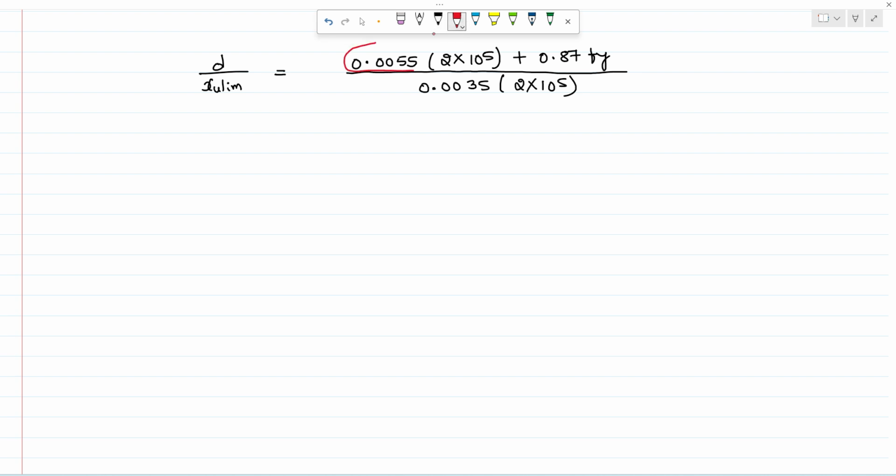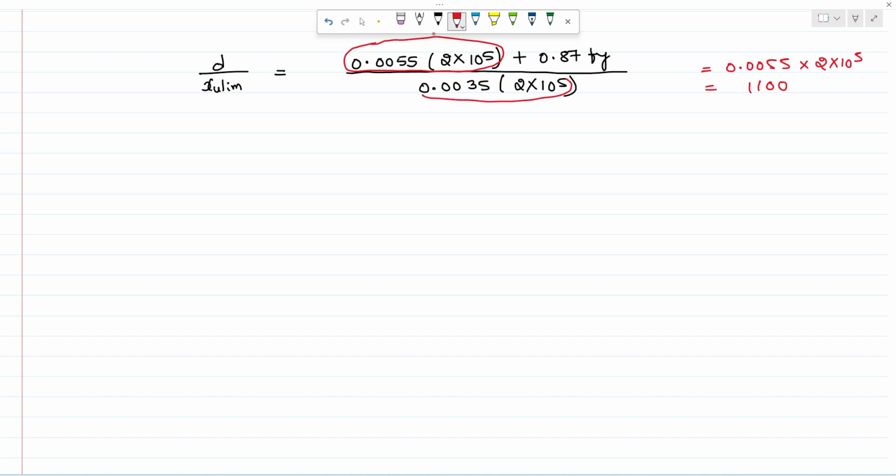So let me simplify first this term. So 0.0055 multiplied by 2 into 10 power 5. So you will get this value as 1100.